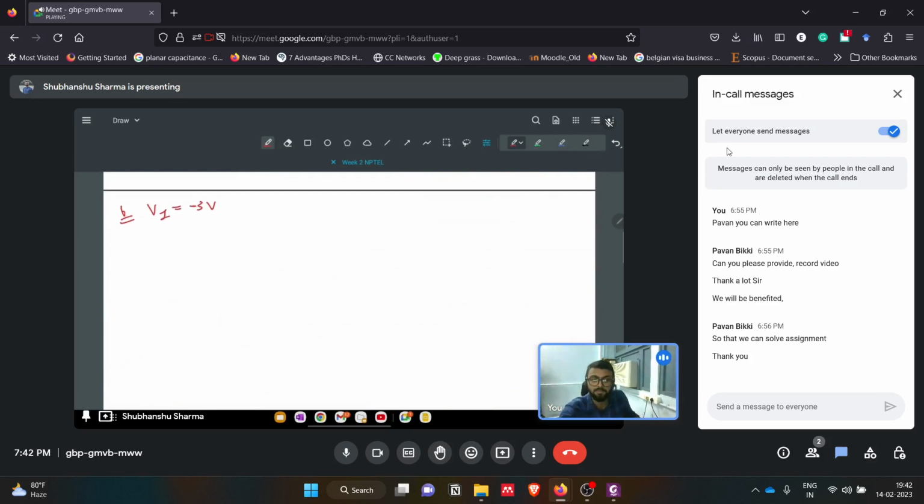Now how will the circuit look? Since this is a non-ideal diode, we will have a drop of 0.7 volt in the feedback.